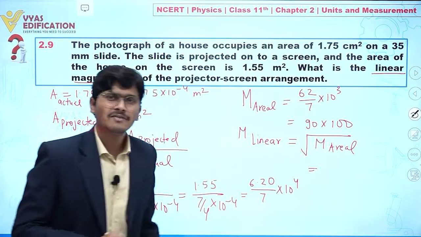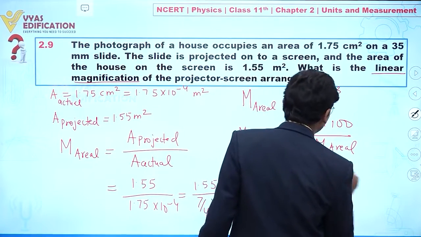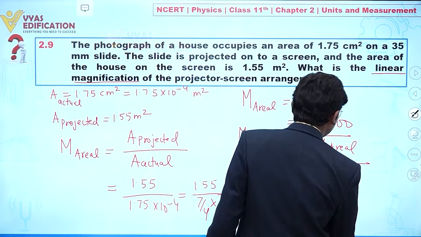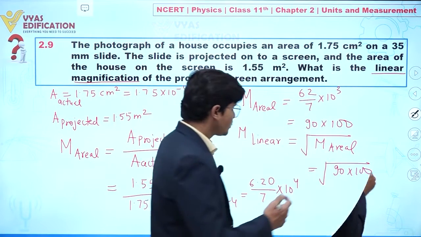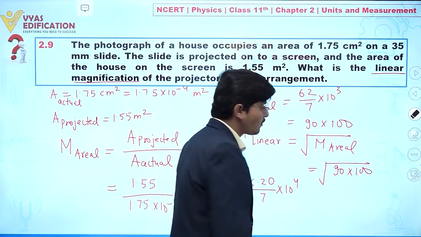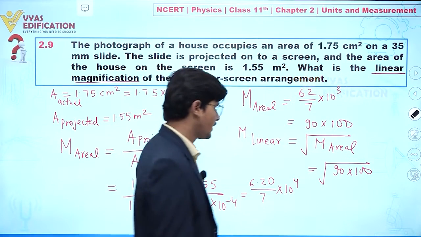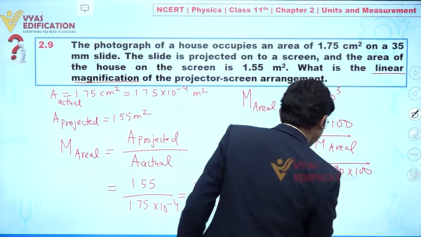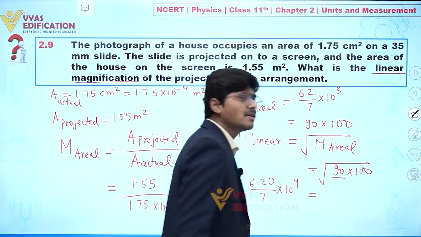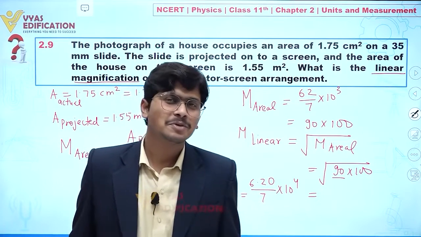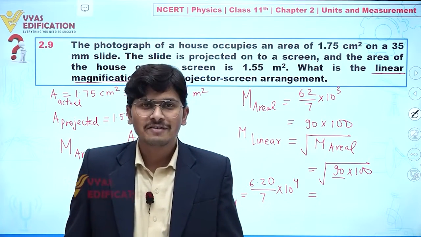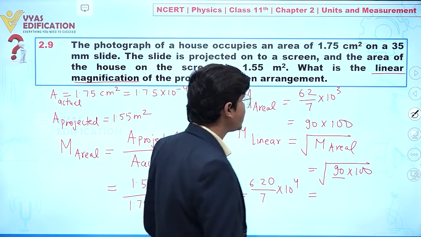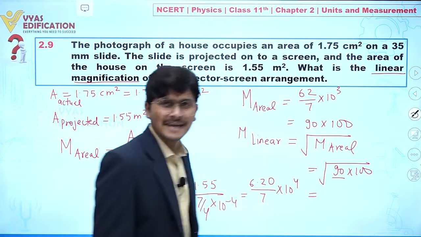So we can write like this: this is equal to the square root of 90 multiplied by 100. Clear? Now if we take 81, the square root of 81 is 9. Clear? And the square root of 100 is equal to 10. So definitely this is in between 9 and 10.